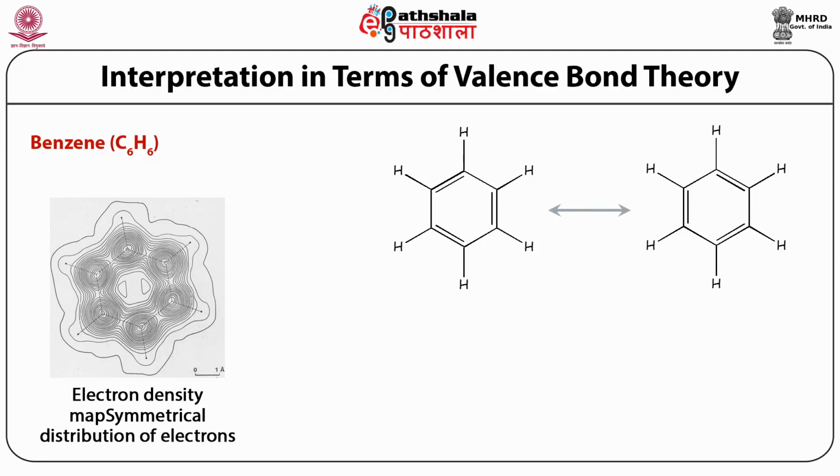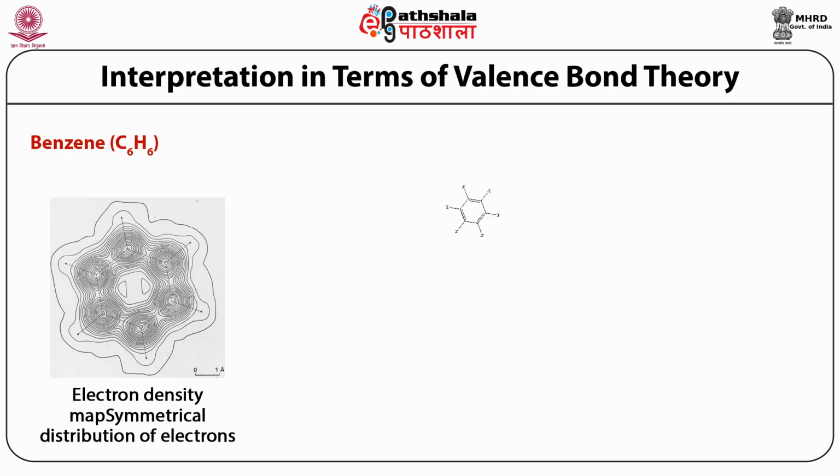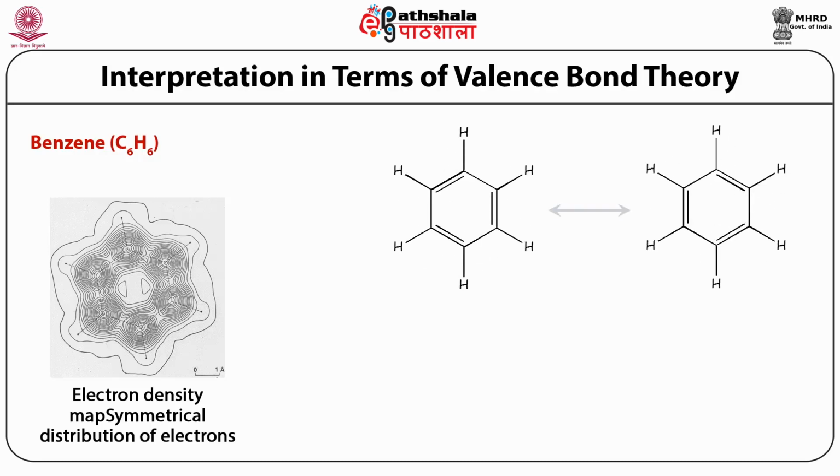Benzene is a planar molecule consisting of 6 hydrogen atoms and 6 carbon atoms. Each carbon atom has to join 1 hydrogen and 2 carbon atoms, so it doesn't have enough unpaired electrons to form the required number of bonds.